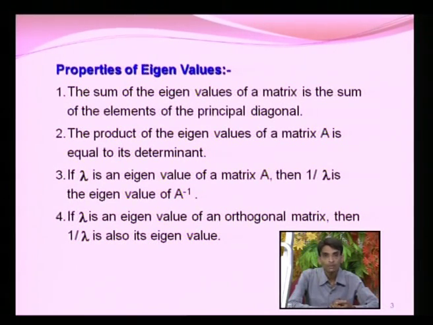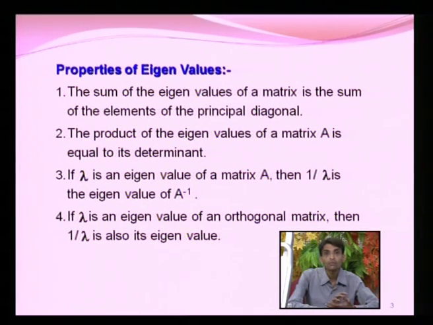The third property is that if lambda is an eigenvalue of a matrix A, then 1 upon lambda is an eigenvalue of A inverse. Sometimes you are asked to find the eigenvalue of A inverse and you are given only A, so you don't need to find A inverse.